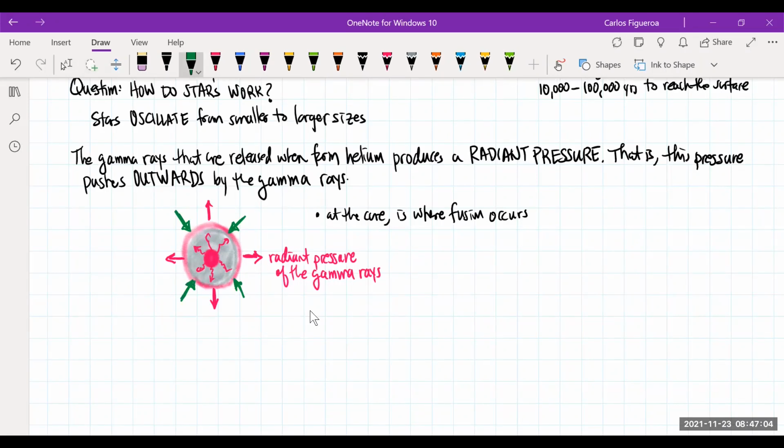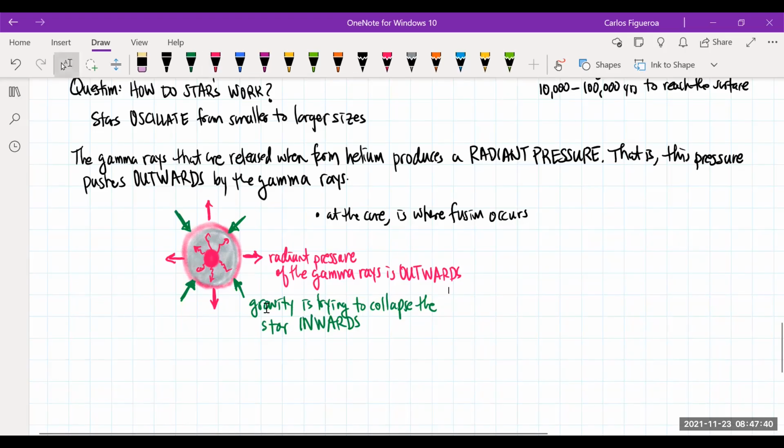So we would say then that in this case, gravity is trying to collapse the star inwards. And I should probably write here is outwards. So you could see here that there's always a battle between gravity and this thing here.